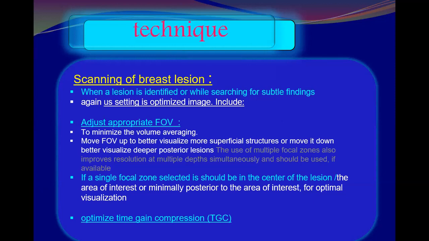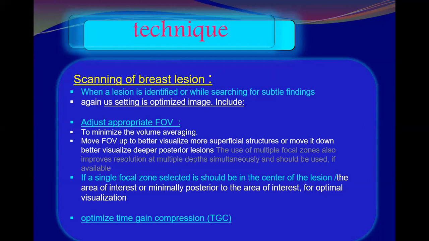But when we identify a lesion, an area of interest, a potential lesion or subtle findings, then again we need to reset the ultrasound machine to optimize the image, including the field of view or the depth. If the area of interest is superficial, we need to move the field of view up to visualize that area and make it very sharp and clear.